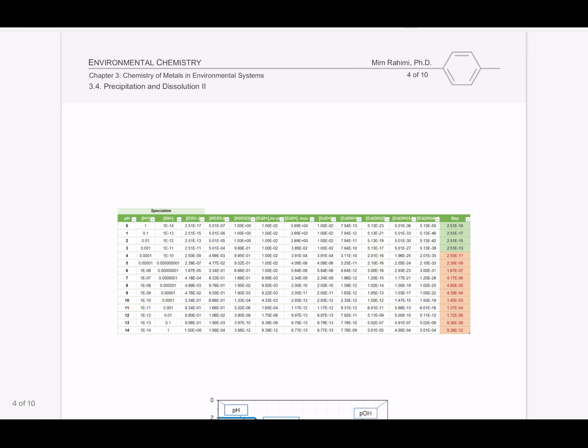So that means at each pH, we calculate both cadmium 2 plus from the no precipitation scenario and cadmium 2 plus max.